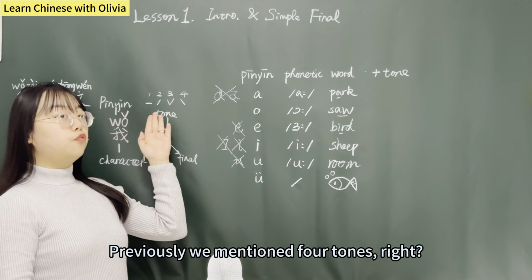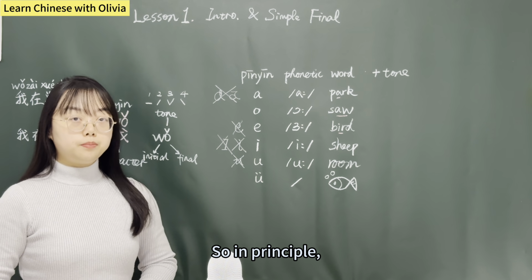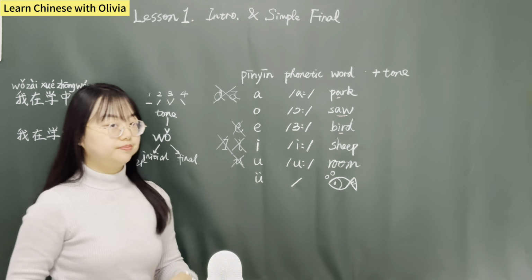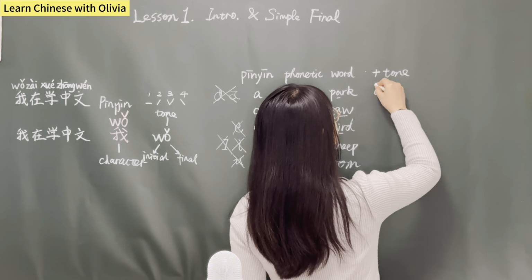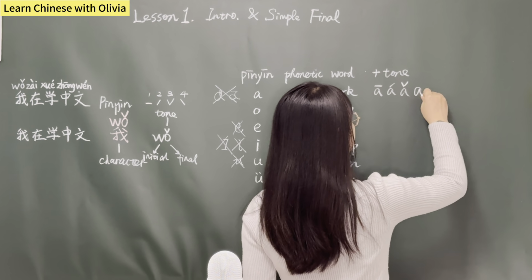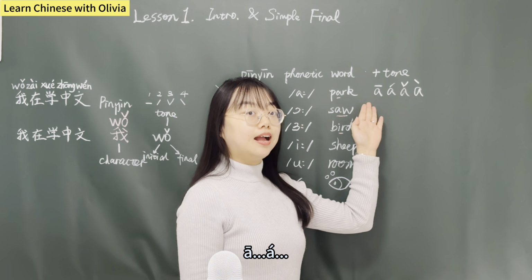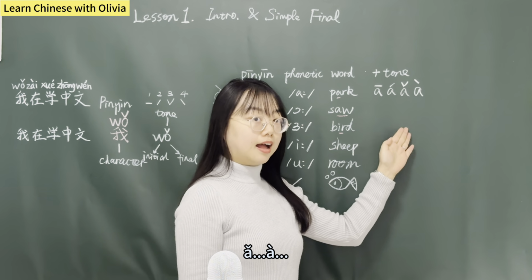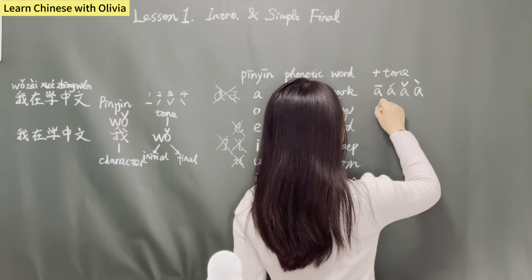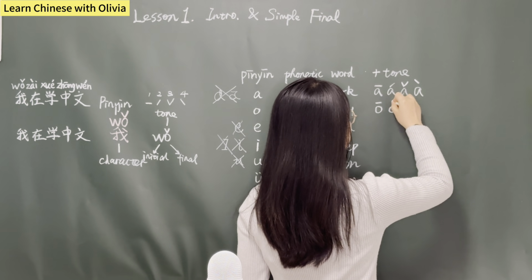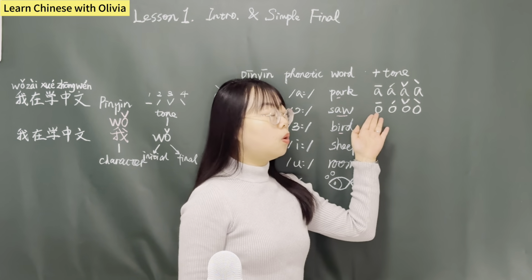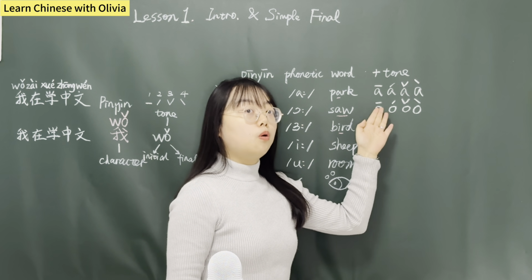Previously, we mentioned 4 tones, right? So, in principle, we always place the tone on the final. So we can get a, and then we can get o.